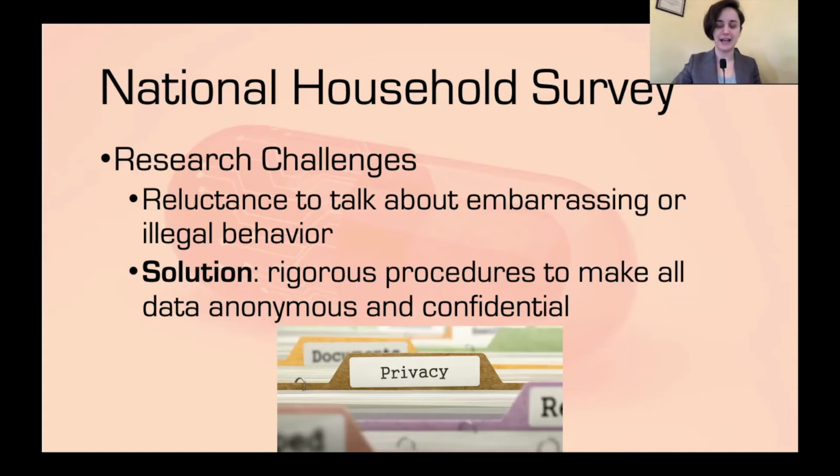Instead, they say, okay, yeah, I met with participant 423, and participant 423 responded these ways, but does not share any information about that interview that isn't directly related to the statistics in the survey. So those two procedures, and basically explaining to people all of the efforts that went into making sure data were anonymous and confidential, helped to improve the quality of data and helped to improve the rate at which people were willing to disclose behaviors that are, again, illegal or embarrassing.